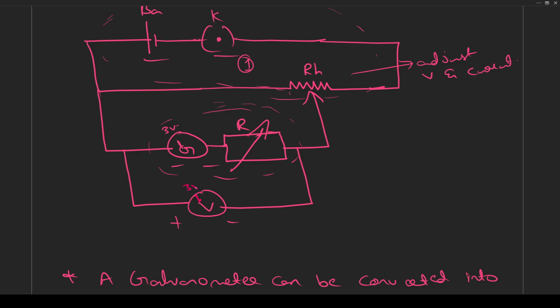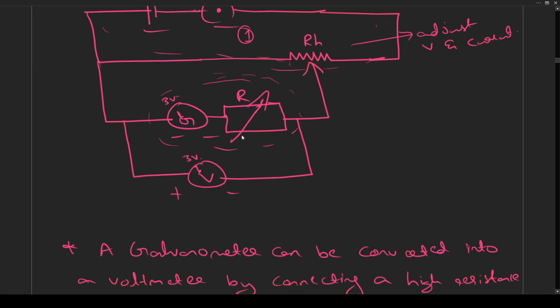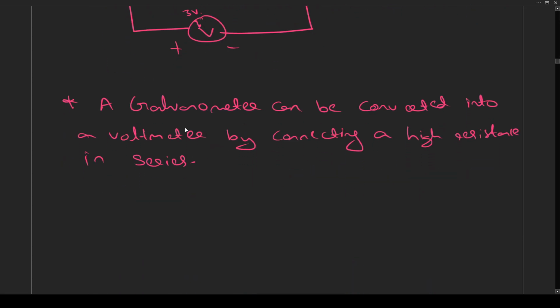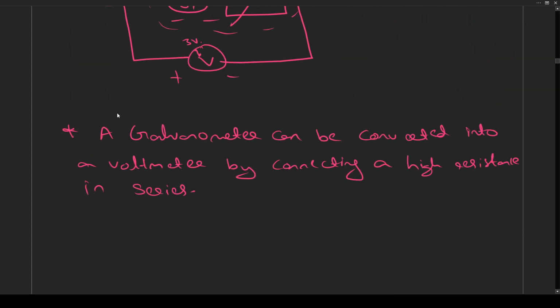Here also, if it shows 3 volts in this voltmeter, then we know that we perfectly converted a galvanometer into a voltmeter. If this shows a different value, that means there is an error in our calculation or our apparatus, or something is wrong. This voltmeter's purpose is only to show if our galvanometer is accurately converted into a voltmeter or not. That is the circuit diagram.